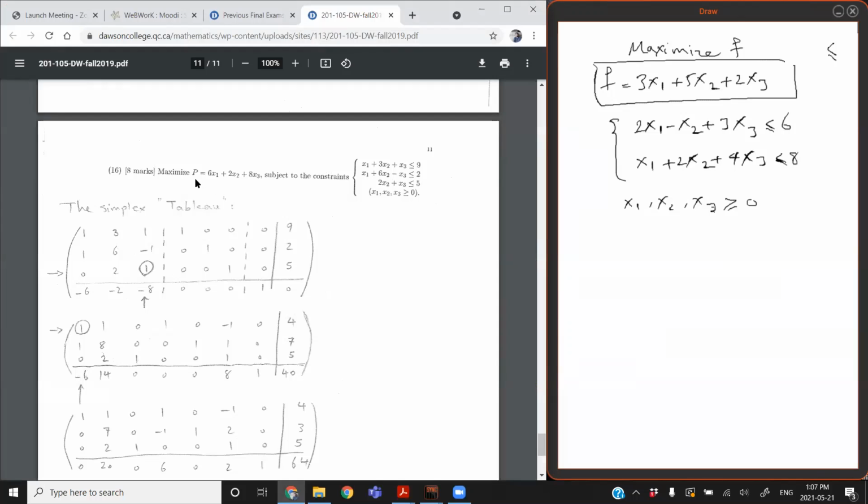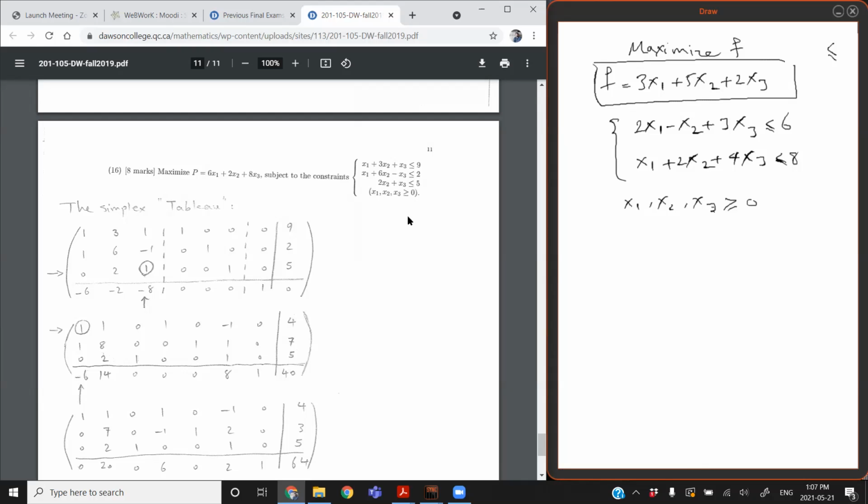You can see you're supposed to maximize P. So it's a maximization problem. Then x1, x2, and x3, all of them are greater or equal to 0. The inequalities, all of them are less than or equal to. And then after that less than or equal to sign, you have a positive number. So I can actually say there are 4 conditions. It has to be maximized.